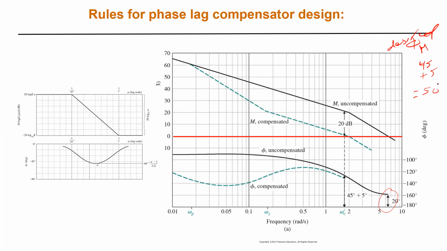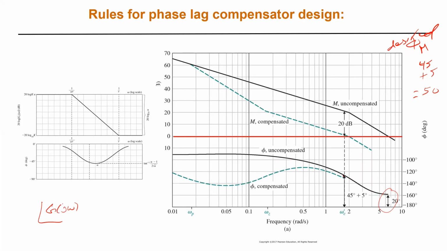What we will do in this procedure is look for the phase margin of 50. If the phase margin is 50, what will be the phase of the system? Minus 130, great.